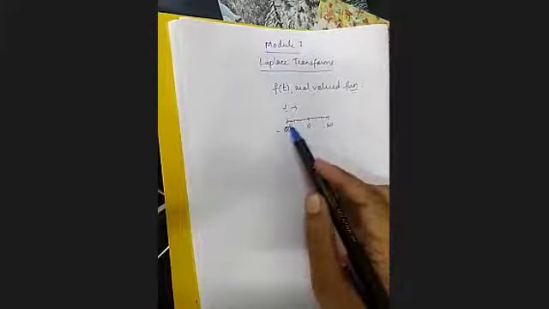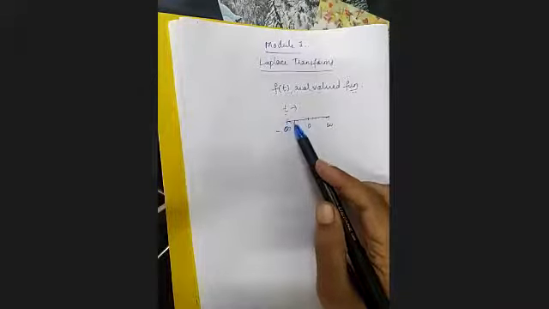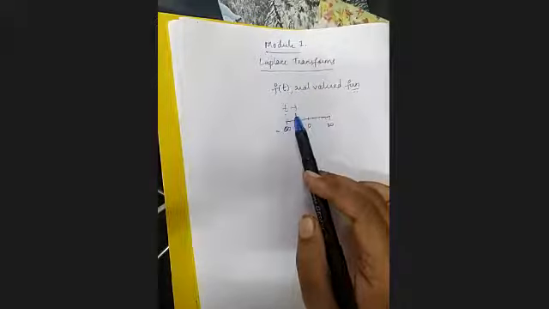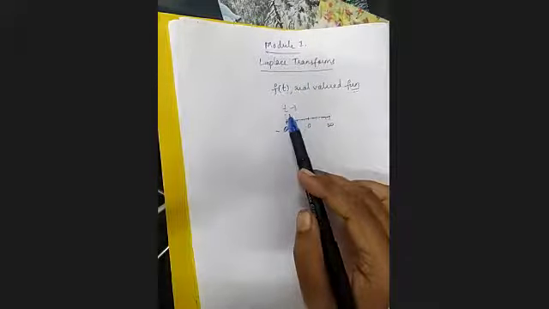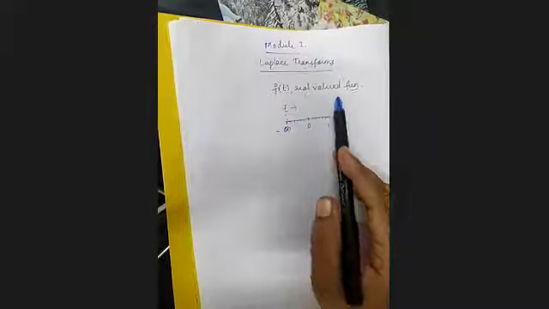So this is a real line. Hopefully you are aware that minus infinity to infinity is a real line. So if this t is allowed to take any value between minus infinity to plus infinity, and you define a function on that real variable, it is called a real valued function.